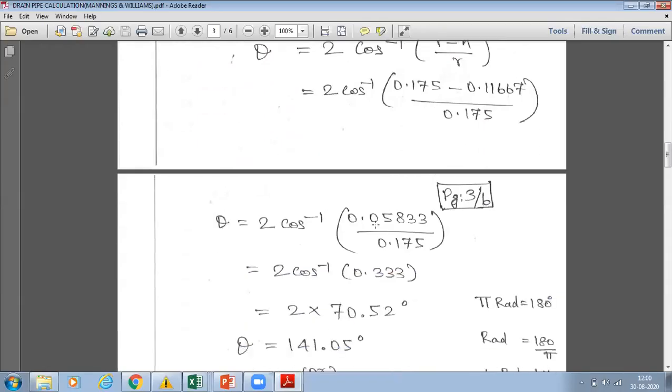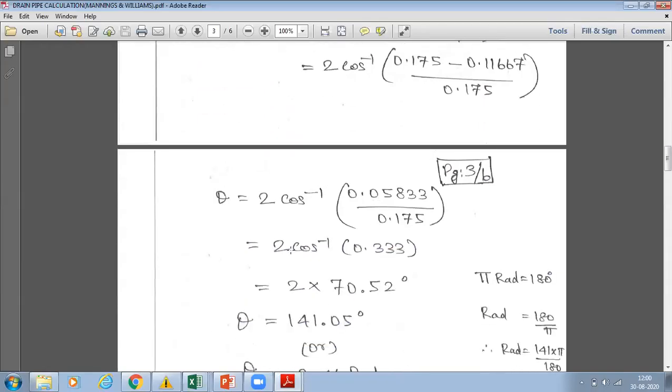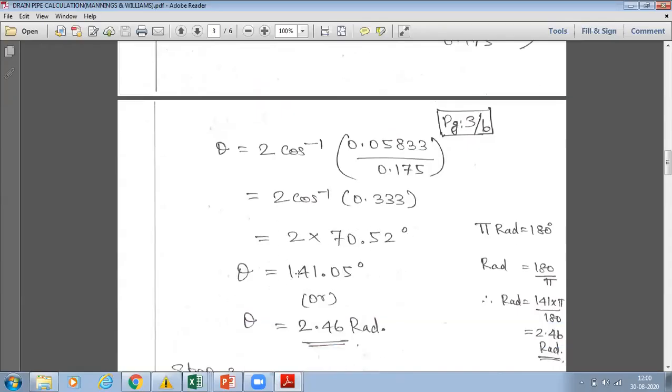After this you will get 2 cos inverse of 0.33. Cos inverse of 0.33 gives you 70.52 degrees. If you multiply by 2, you will get 141.05 degrees. This is the degree value. After conversion to radians, theta equals 2.46 radians.